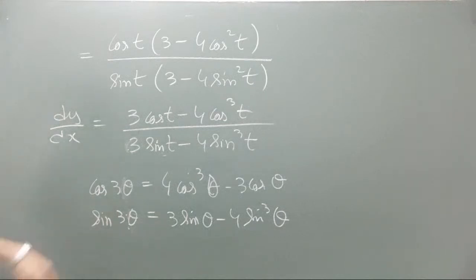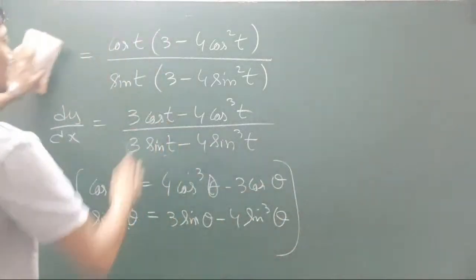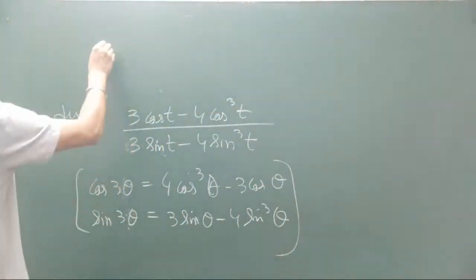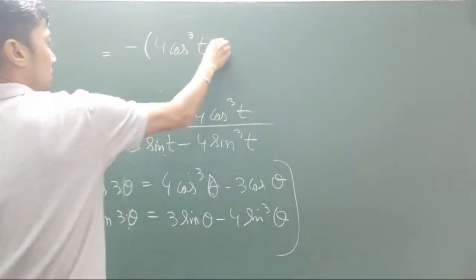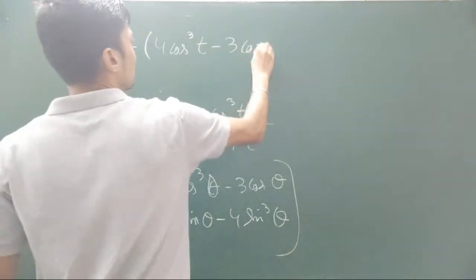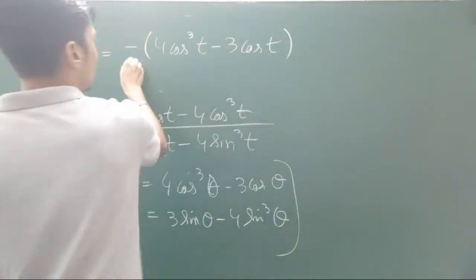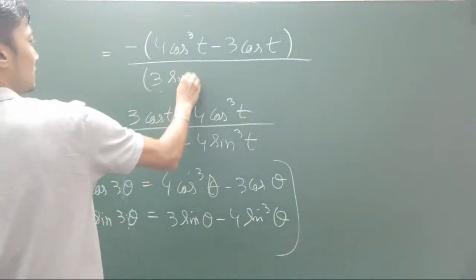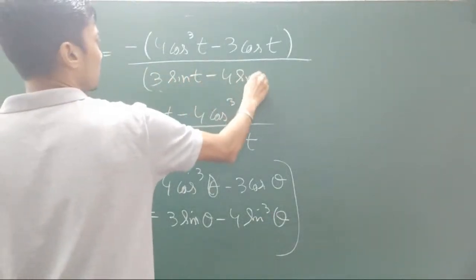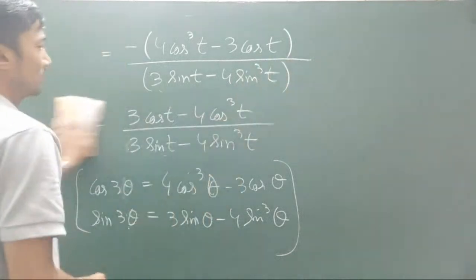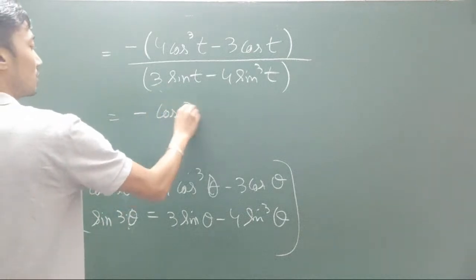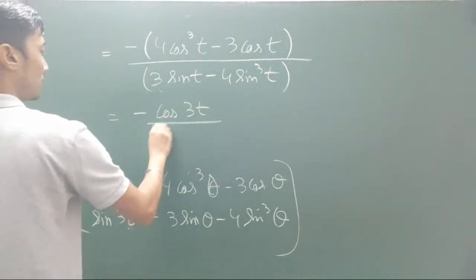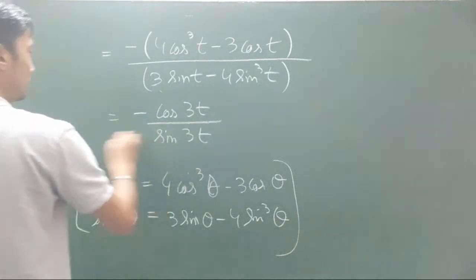So with that, I'm sure we can make some changes, using this, just here only. If I just take minus common, it will become 4 cos cube t minus 3 cos t divided by 3 sine t minus 4 sine cube t, and that can be written as minus cos 3t divided by sine 3t.